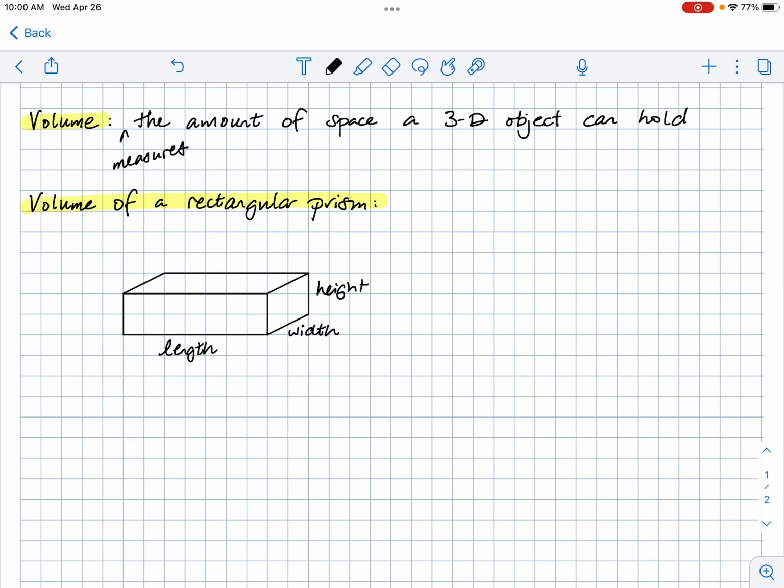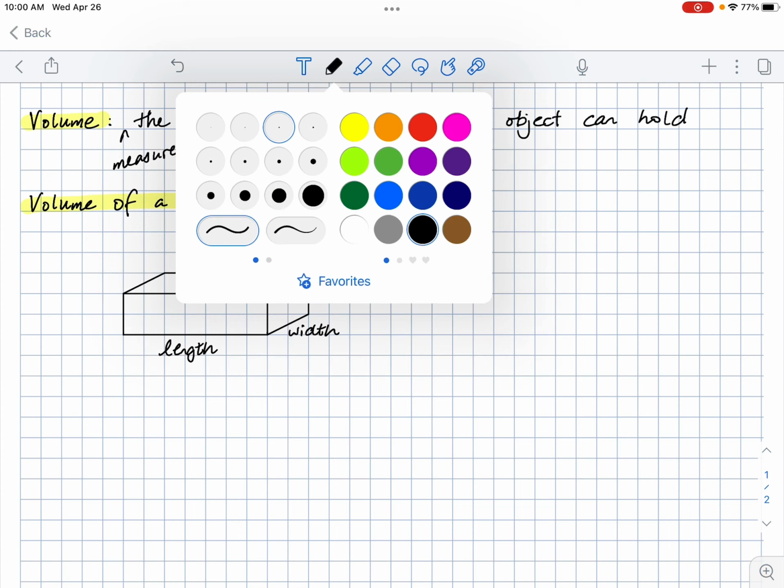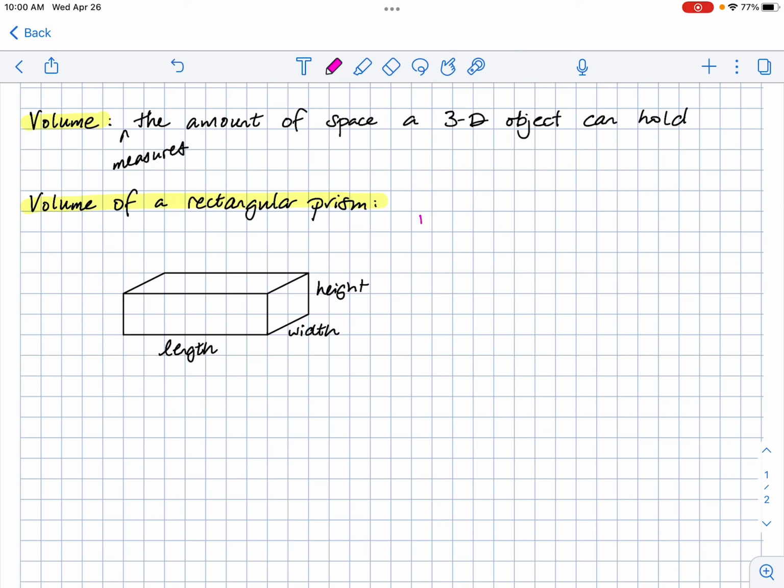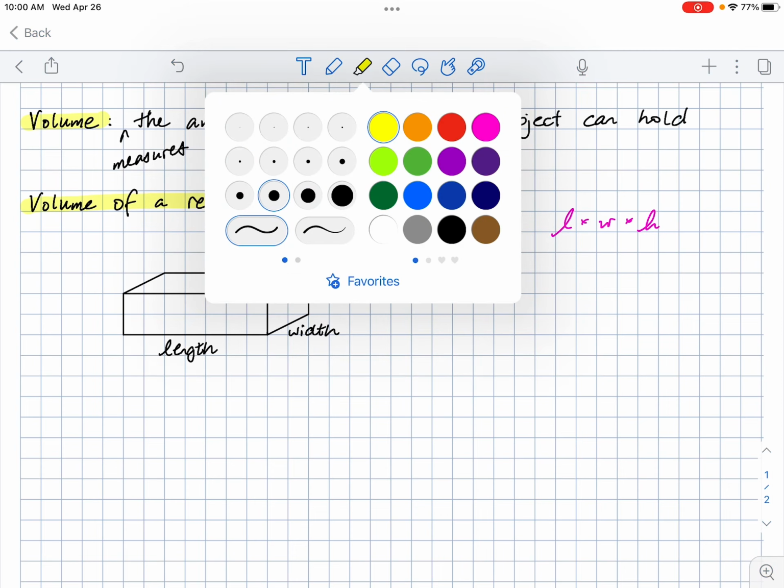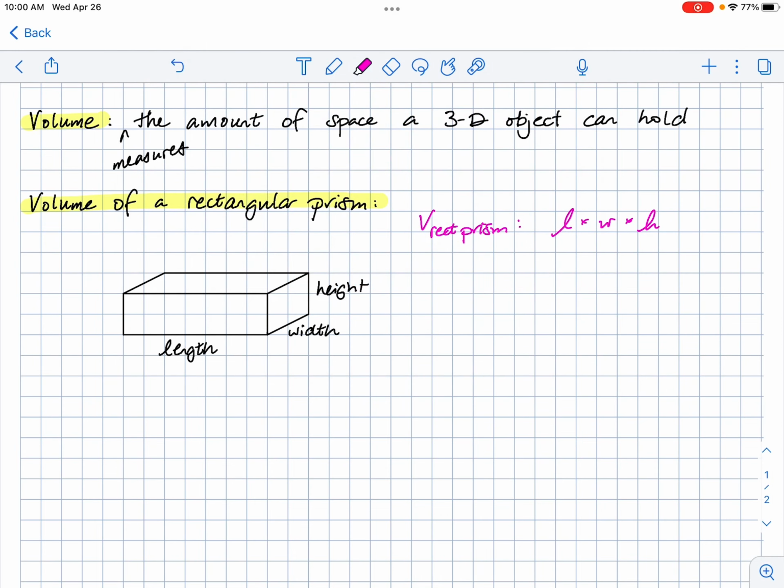So the volume formula of a rectangular prism involved L times W times H. That was the formula. If you look at this more carefully, what you're doing is taking the base, which is the length and the width, times the height.